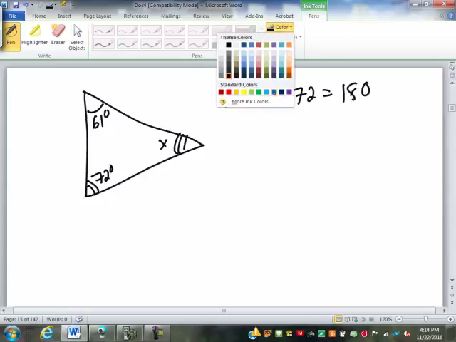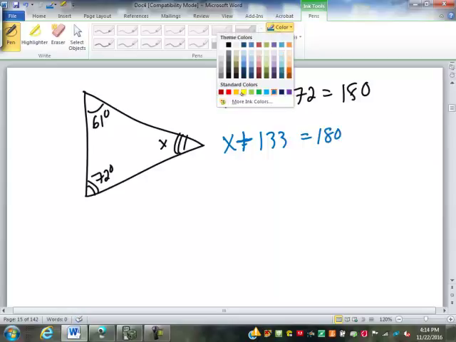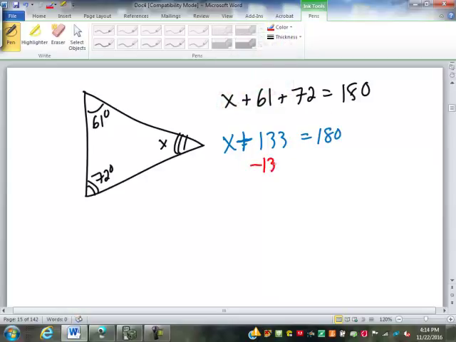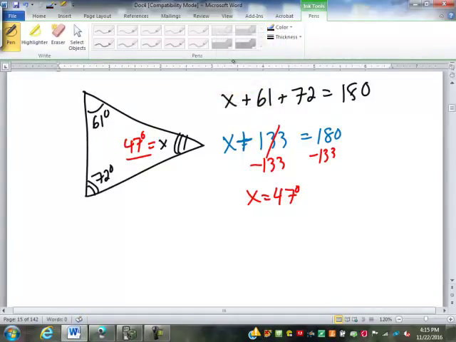And we can solve it from there. 61 and 72 makes 133, is 180, and then we will subtract to get x by itself. X equals 47. So x is 47 degrees. Any questions? Okay.